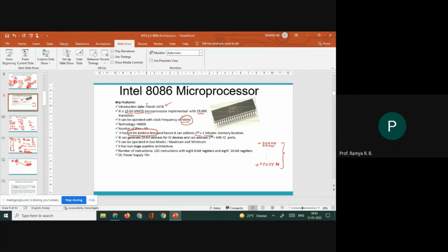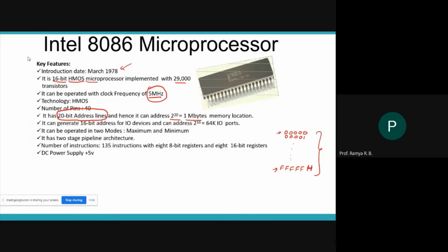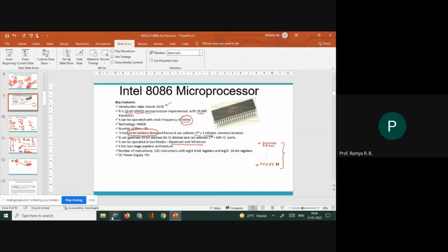Okay. Then coming to the next point, 8086 can be operated in 2 modes, that is minimum mode and maximum mode. What do you mean by minimum mode and maximum mode? We'll be learning in detail about this. I'm talking about this point: 8086 has 2 operating modes, minimum mode and maximum mode. If you say 8086 is in minimum mode, then it means 8086 is the only processor in the system.